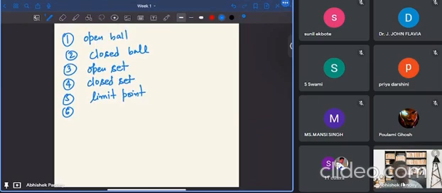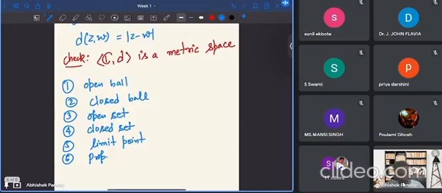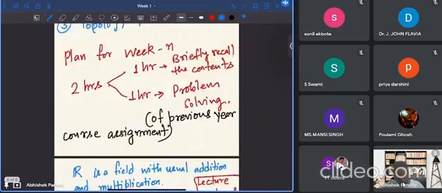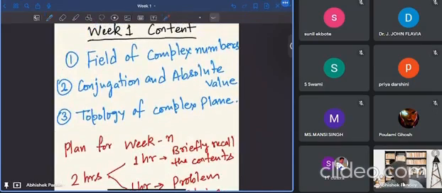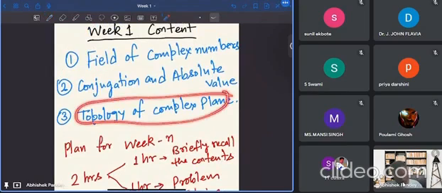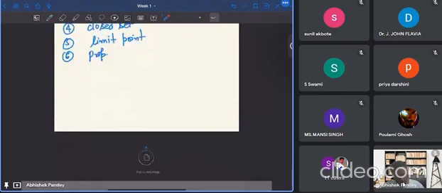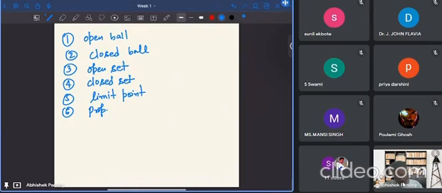These are the contents of the third topic, topology of the complex plane. Now we will study properties of open sets, like whether the union is open, whether the intersection is open, and similarly properties of closed sets.